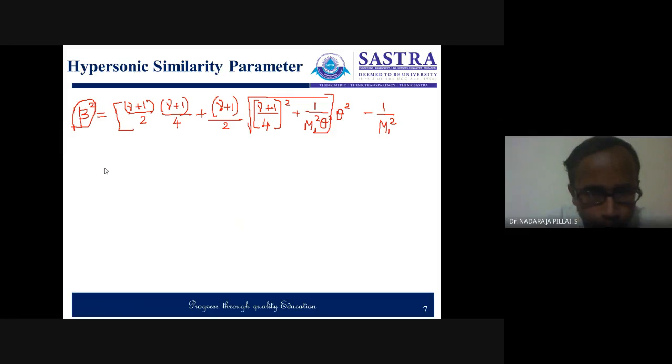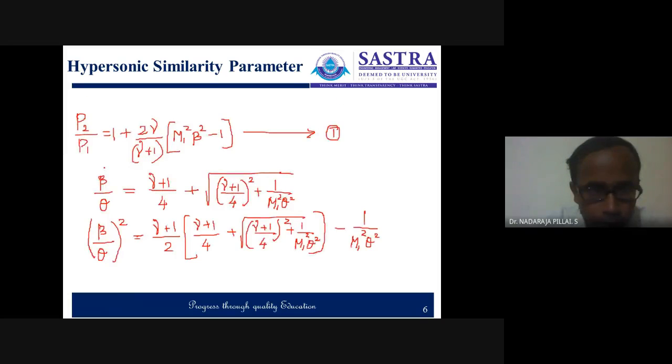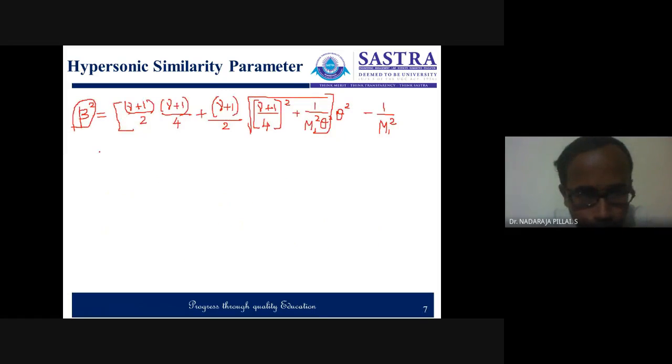We know P2 by P1 is equal to 1 plus 2 gamma by gamma plus 1 into m1 square beta square minus 1.